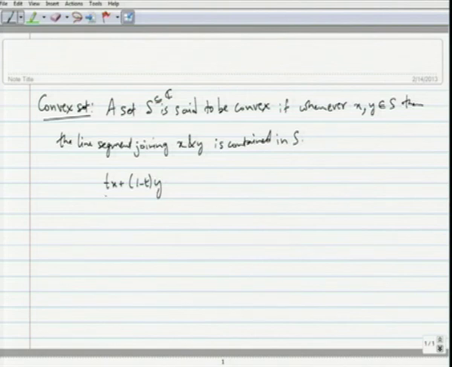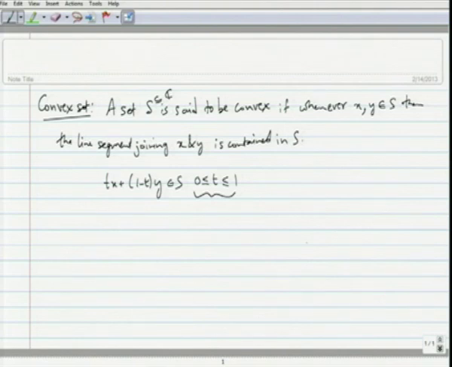So, t between 0 and 1 will parameterize the line segment joining x and y. If this point belongs to S for t between 0 and 1, whenever x and y belong to S, then you say that S is a convex set.